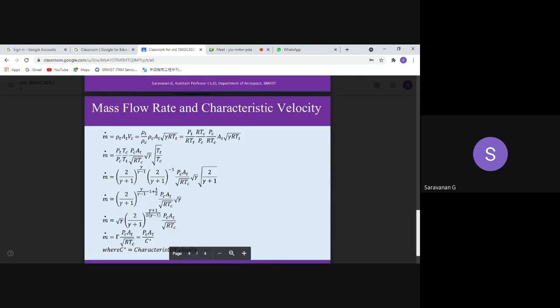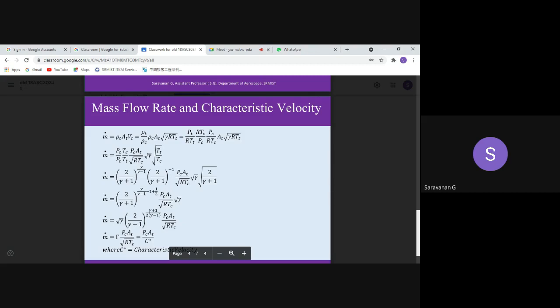Then substitute for the Mach equal to 1 case, grouping all the gamma terms together into one term called capital gamma. At the end you will have m dot equal to capital gamma into PC At by root of R TC, which is also equal to PC At by C star, where C star is the characteristic velocity.